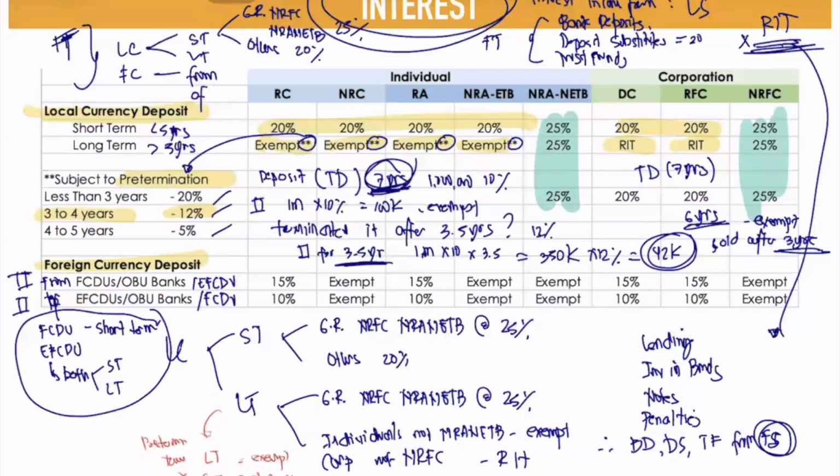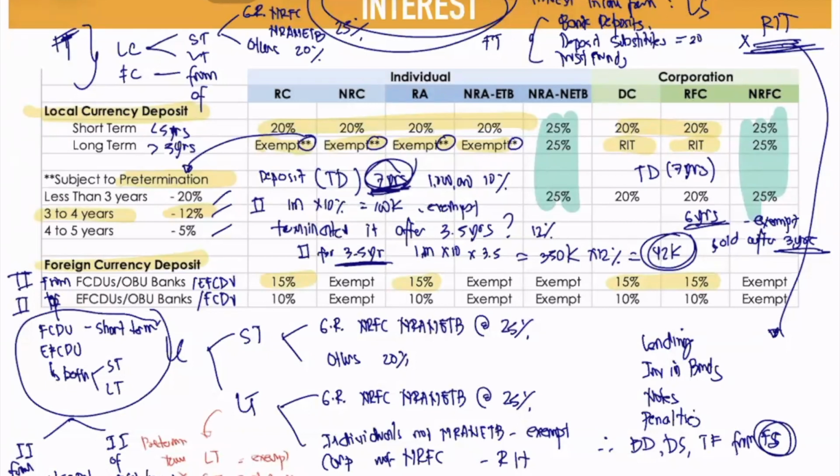But for foreign currency deposit, ang titignan ninyo is the interest income of EFCDU or FCDU. So let's say you have an interest income from EFCDU. It is subject to 15% for residents and exempt for non-residents.